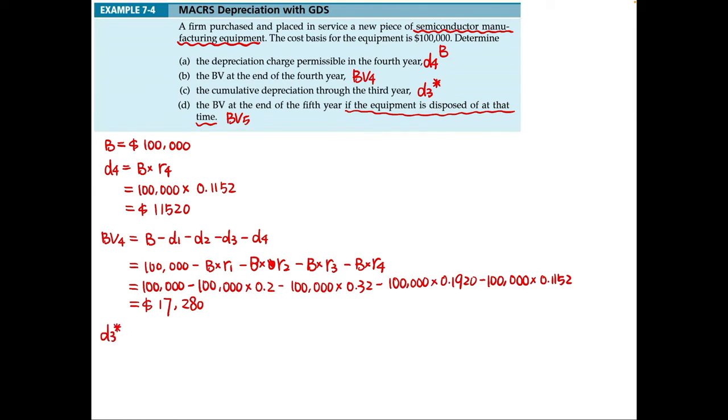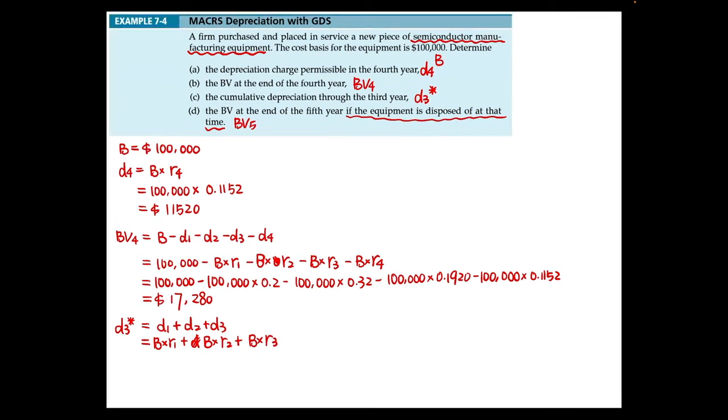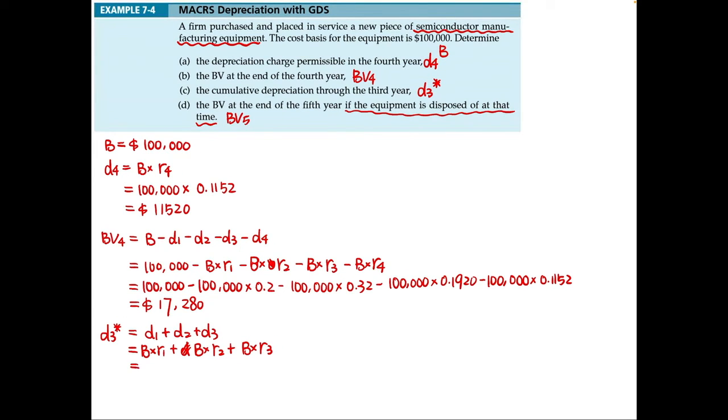Okay, and then you want to find out D3 star. D3 star is what? Is the sum of the D1, D2, D3, okay? The cumulative deduction through year K. D1 is what? Is B times R1. D2 is B times R2. D3 is B times R3, okay? And we just find out this here.